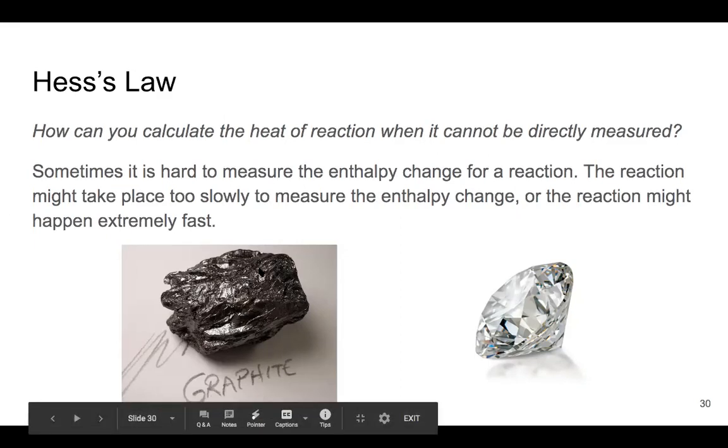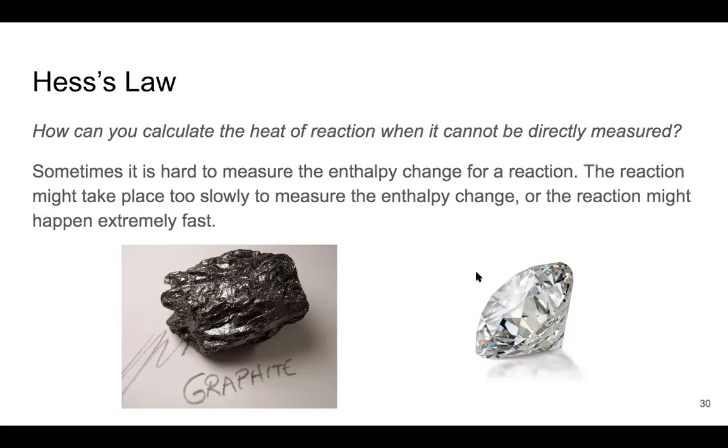For example, carbon is what these are made of. Graphite and diamonds are both made of pure carbon molecules. Graphite is pretty easy to make. It's a pretty fast reaction, while diamonds in nature can take thousands and thousands of years to form. In the end, they're still both the same thing.